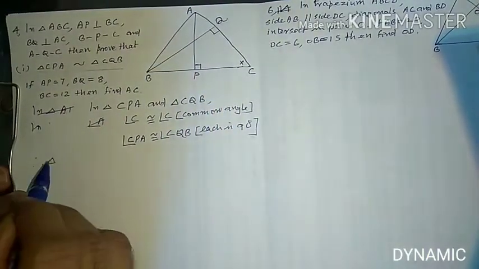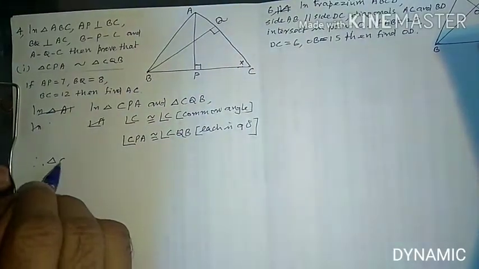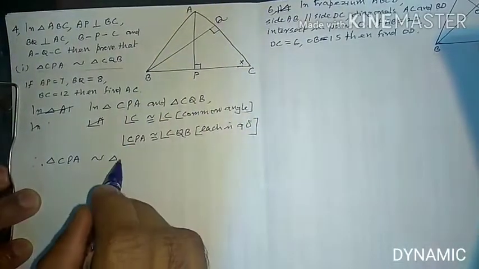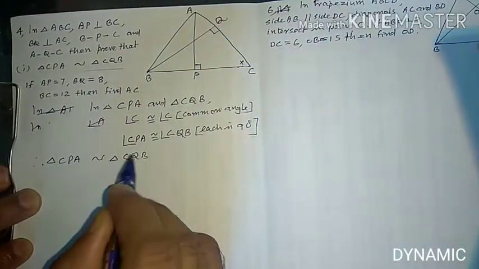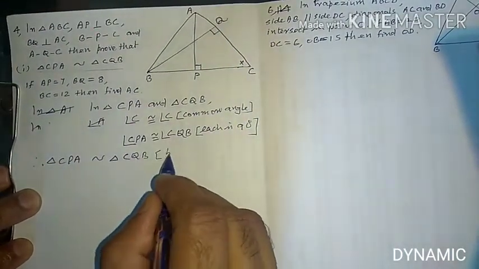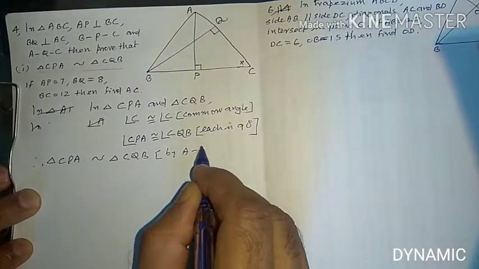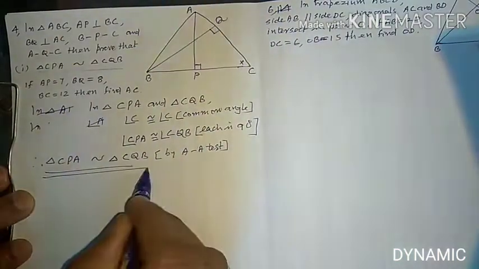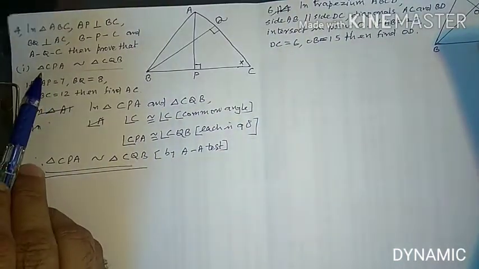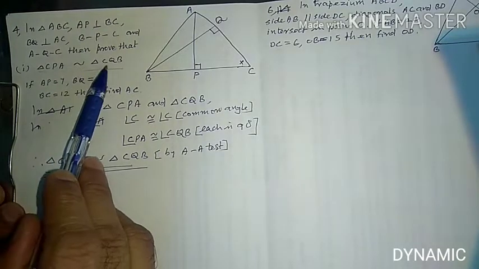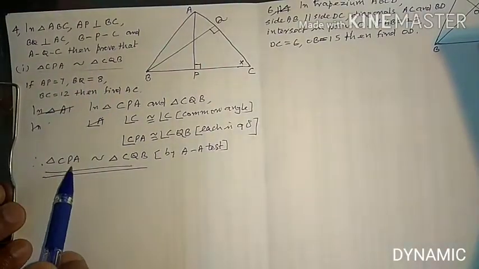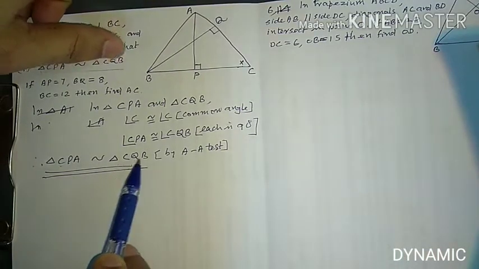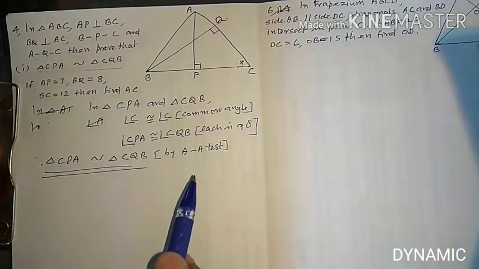Therefore, triangle CPA is similar to triangle CQB. By which test? By AA test. First, what we proved: triangle CPA is similar to triangle CQB by AA test.